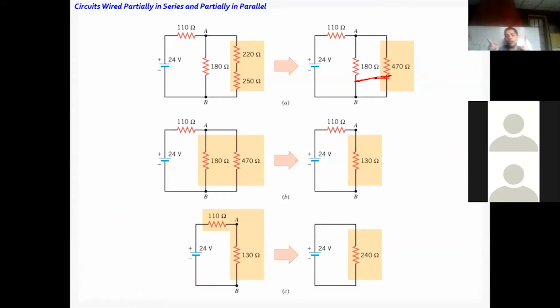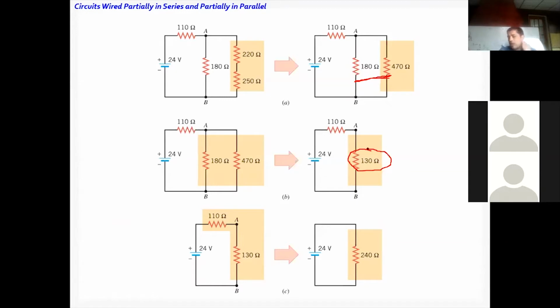One fact we know is that our equivalent resistance when connected in parallel is smaller than either of the resistors. So what I'm claiming here is my resistors are in parallel, and my total resistance is 130. That's my claim.